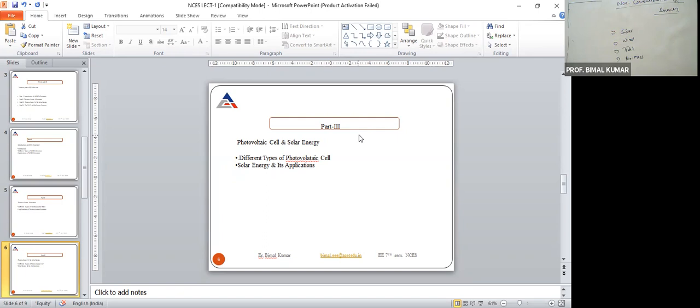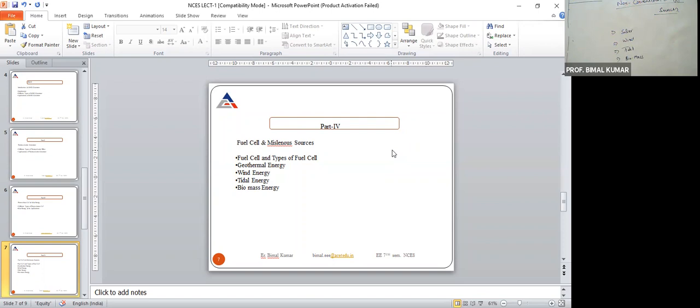Then after that, fourth part is fuel cell and miscellaneous sources. Fuel cells, these are simply cells in which some chemical energy is converted into the electrical energy, right?